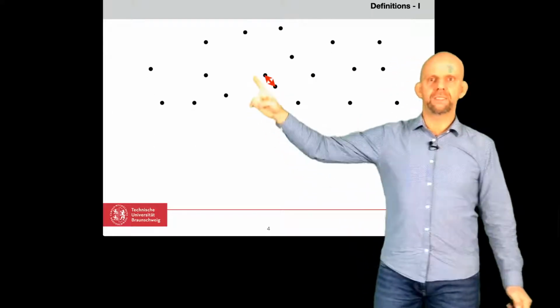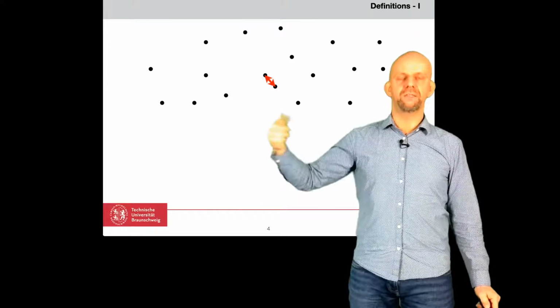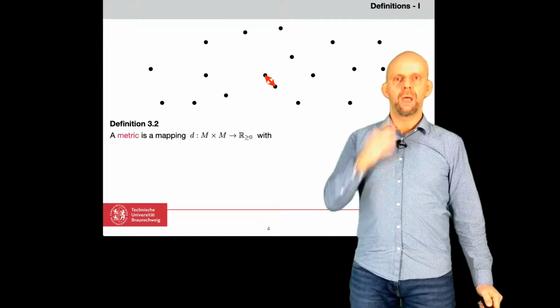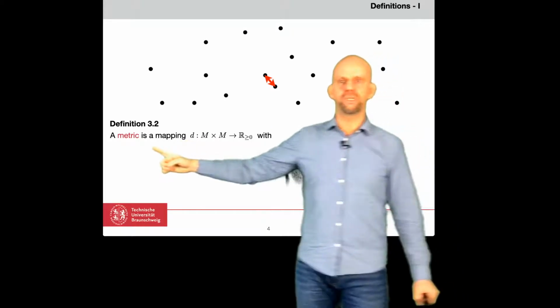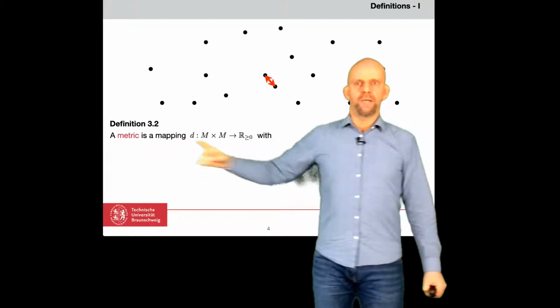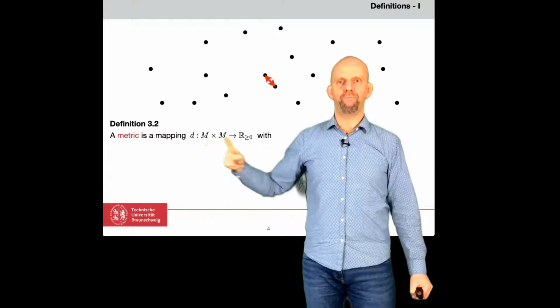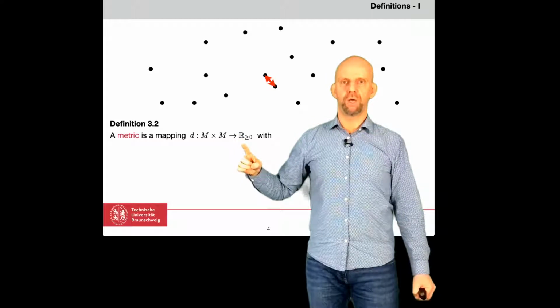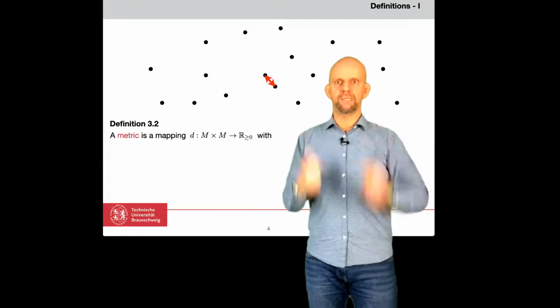All right, let's look at these distances and let's see how we actually define and describe this. Now, we're going to measure this by some function that takes each pair of points and maps it to a non-negative number, which is a distance function.